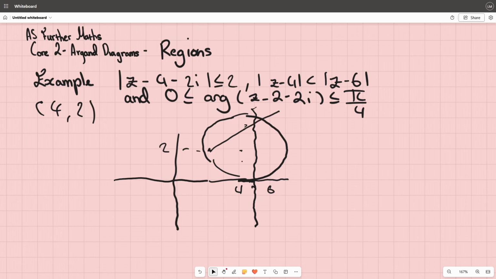It's anti-clockwise from the positive real axis, so we have the angle there. It's greater than or equal to, so this bit's shaded, which means quite literally it's within the circle, bounded by this line and this line and this line. And that is what you need to shade in.